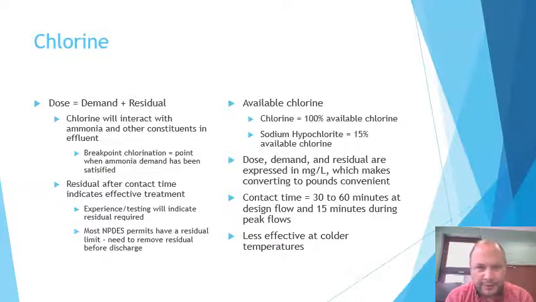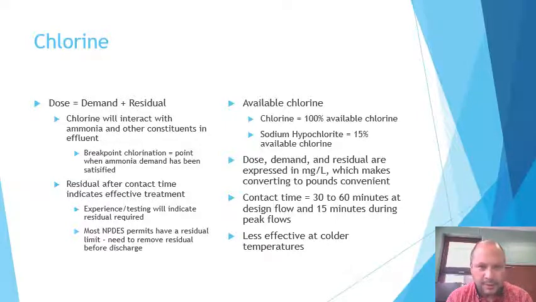Now, every plant is a little bit different, so I imagine your plant or a plant that you would work at would have a target residual. I believe I recall back when we had chlorine here, we looked for a target chlorine residual of around 2 to 3 milligrams per liter exiting the chlorine contact tank, and that told us that we had enough chlorine being fed to get good disinfection.